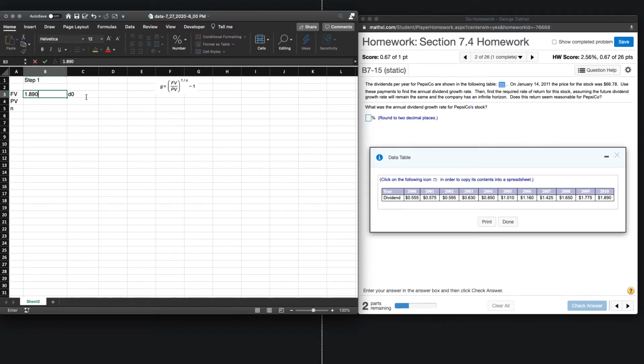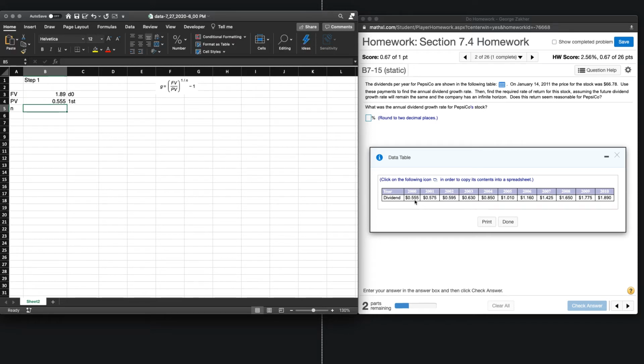Now our present value, if this is our most recent, then this is going to be our least recent, or otherwise our first dividend payment. So the first dividend payment paid out, that would be in 2000, and again we have a 2000 payout of 55 cents, give or take.